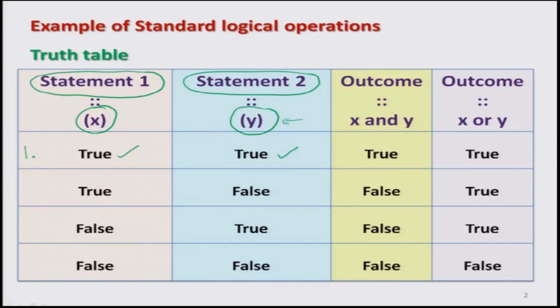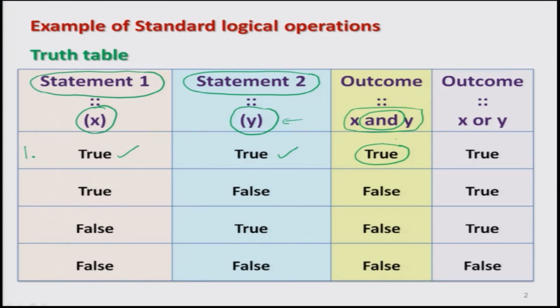When I use the and operator over the two statements, that is x and y, what will happen when x is true as well as y is true? In this case, the answer comes out to be true.